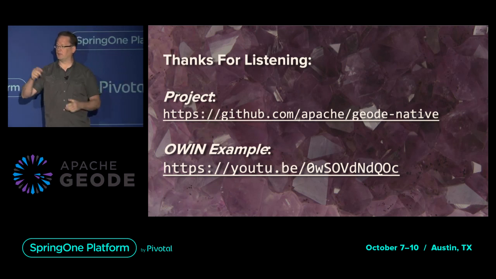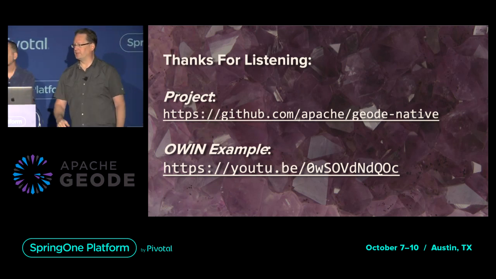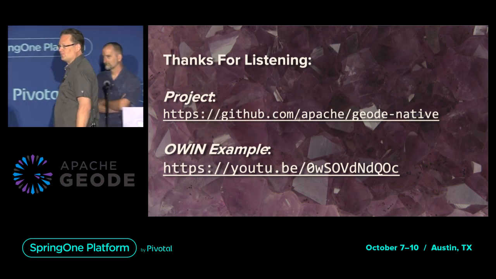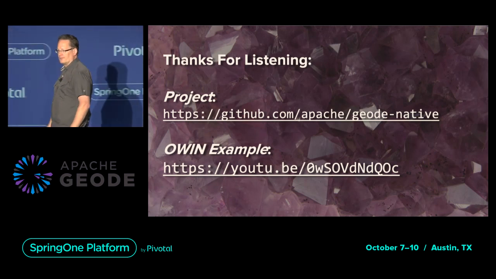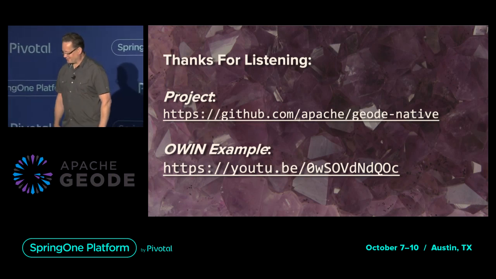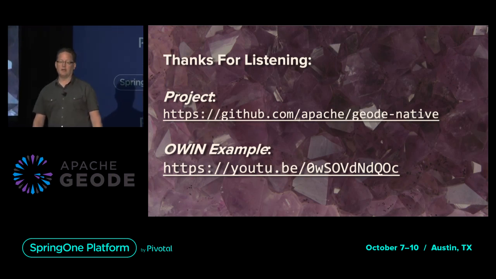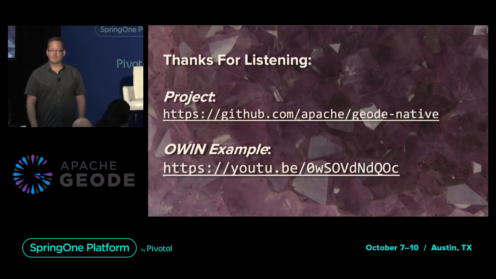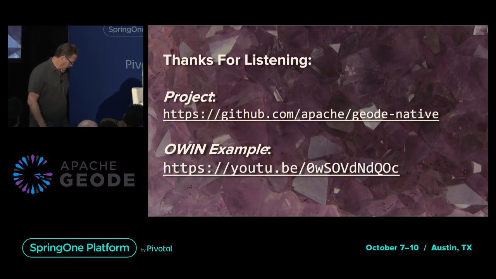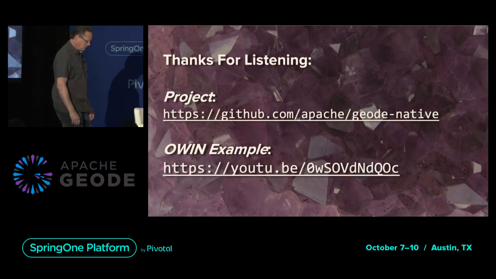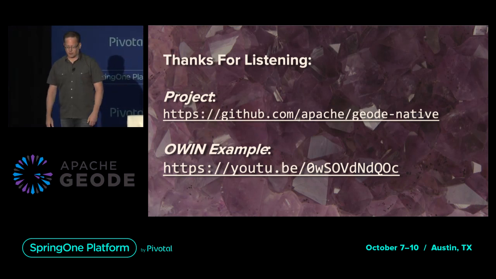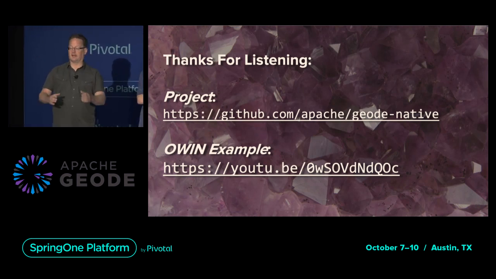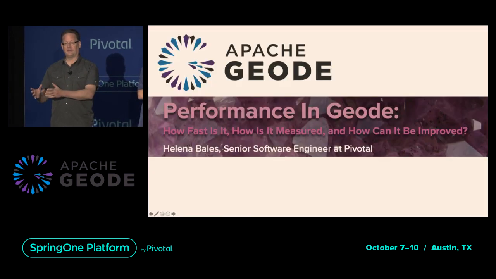All right, I see one. You can say it, I'll repeat it. Hi. My first question is, when will Geode support role-based security like RBAC? So role-based security, all right, it has an ability to do that today, right?